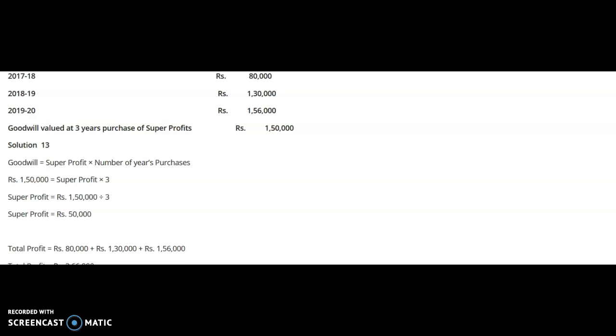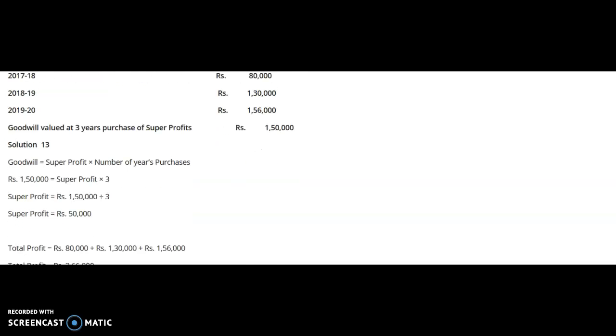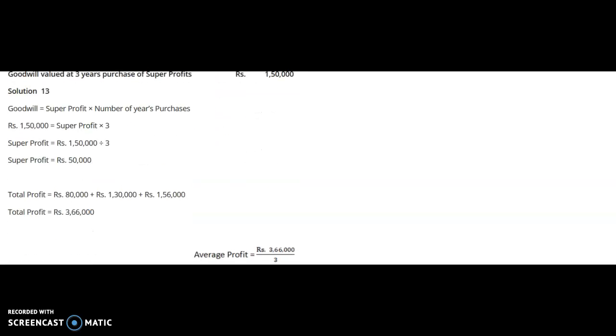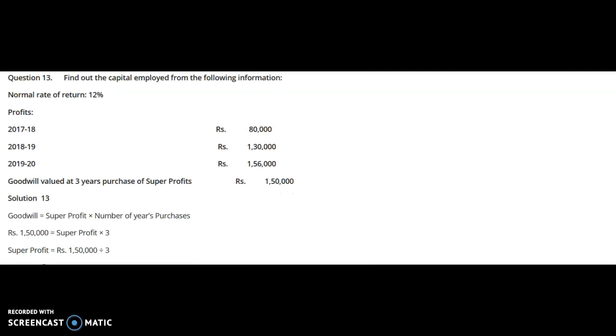Then the total profit is the actual profits given, 80,000, 1,30,000, 1,56,000, plus the super profit of 50,000 for each year. So the result here is 3,66,000. We find the average profit by dividing this by 3, that is 1,22,000. Now 1,22,000 is the average profit, based upon the profit figures given here.